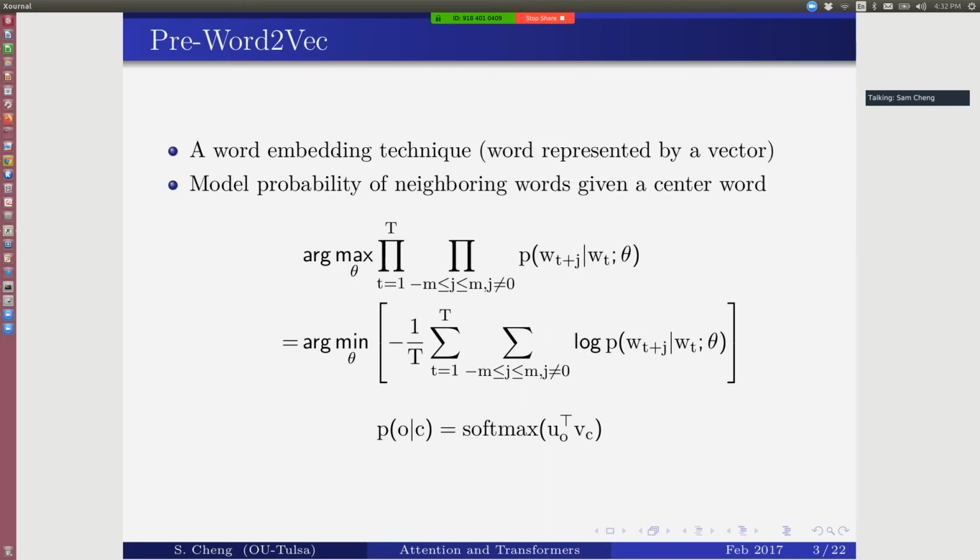But before that, I'd like to first talk about word vectors. If you remember, last time we talked about a character-based language model, which, as the name suggests, works character by character.